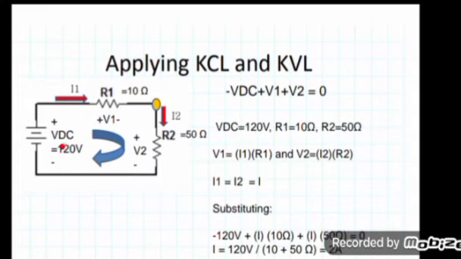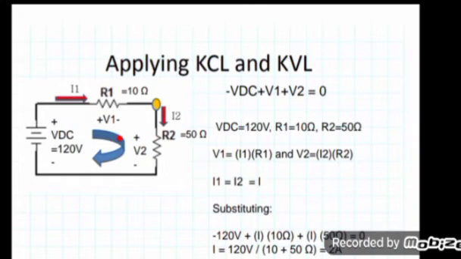When I start from here, the negative sign is encountered first, so that's why I have written minus 120 here. Now for these resistances I have to use the voltage drops. The plus sign is encountered first, that's why I have to use plus V1 and plus V2, because the plus sign here is also encountered first. Now what is the value of V1?